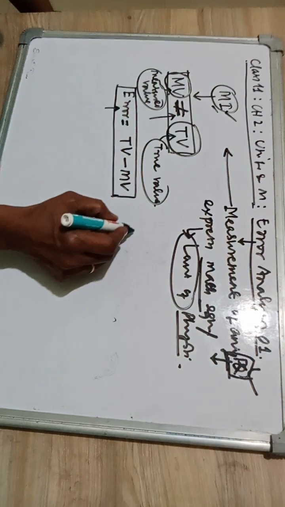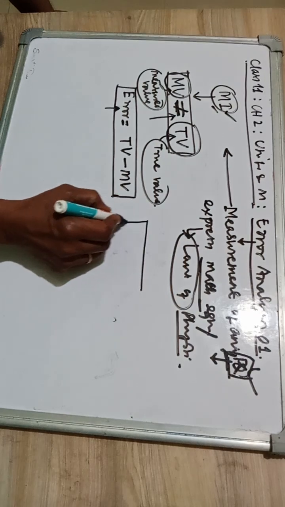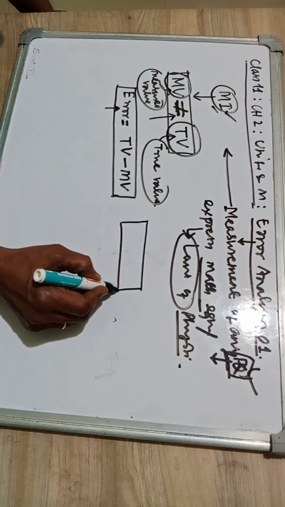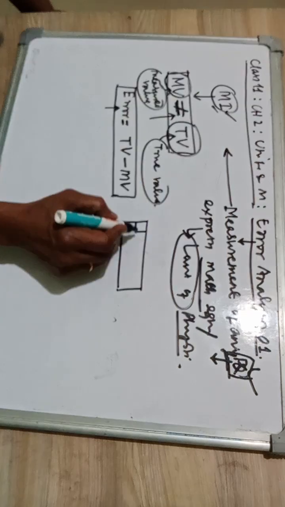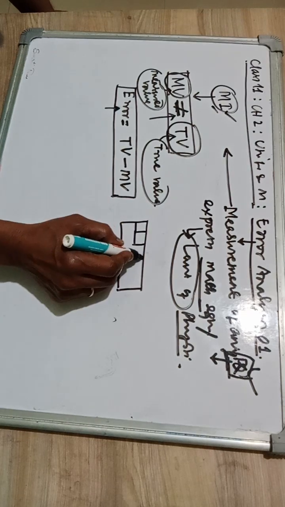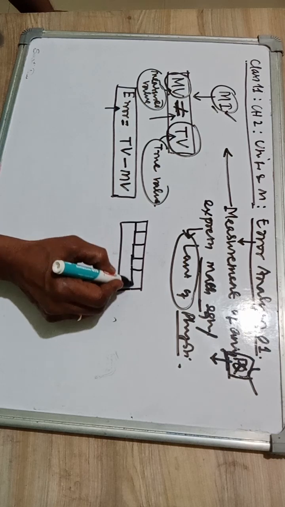Suppose we have one basket. We want to carry certain items within that.